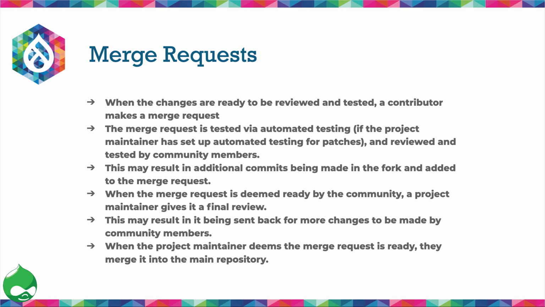When the merge request is created, it is tested via automated testing, and it's then also reviewed and tested by community members. Other changes could be made to the branch for the merge request, and it can go around a few times before it gets signed off, and at that point the project maintainer can then merge it into the main repository.